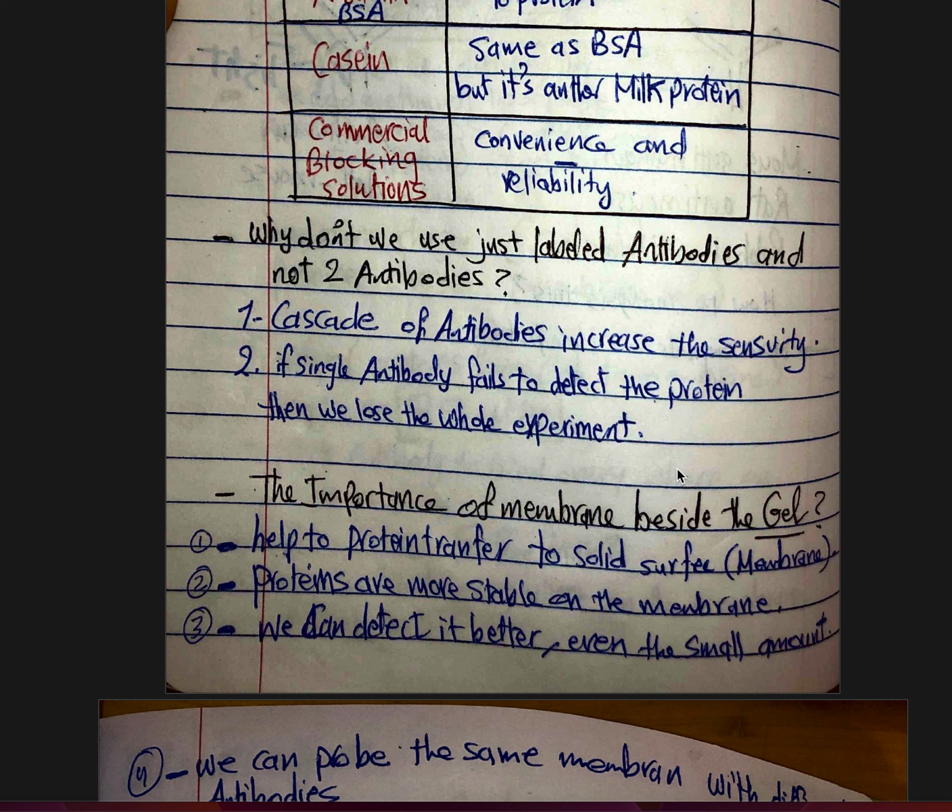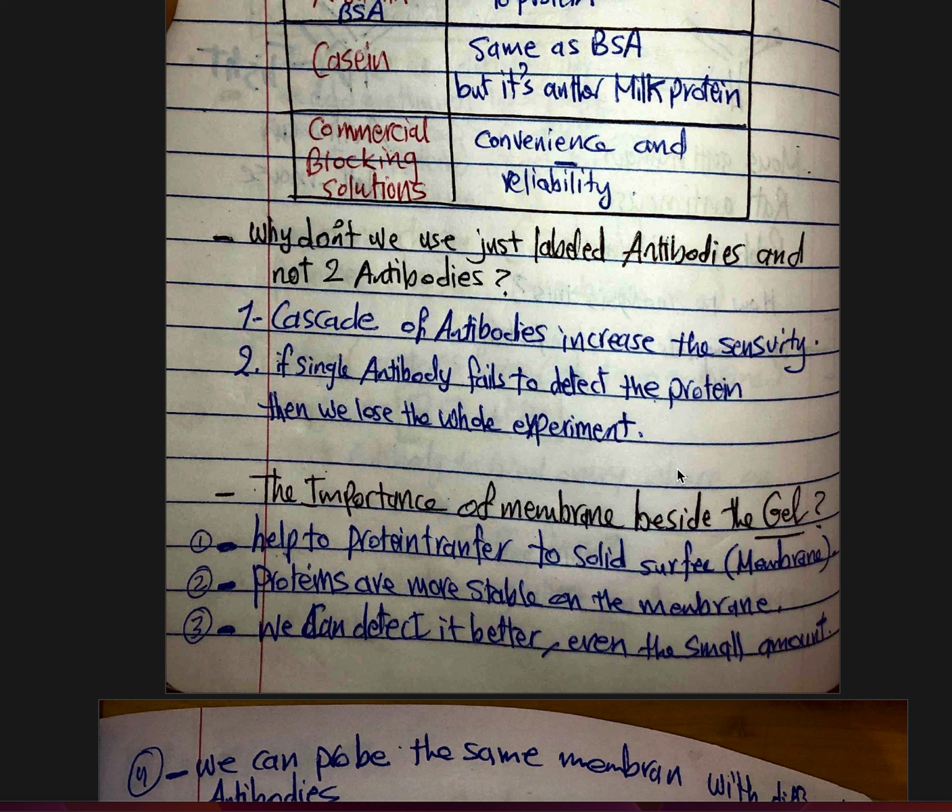Actually, we can use one type of antibody, just the labeled antibody, but it has less sensitivity. So we use two types of antibodies to make it more sensitive, more sure. The best expression for this operation is the cascade of antibodies: we use the first type of antibody and then the second type, which increases the sensitivity.